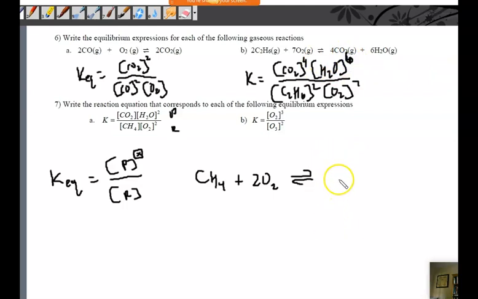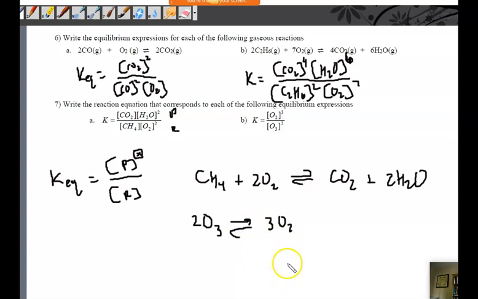And then, let's see, this would be CO2 plus 2 H2Os. All right. And then for the ozone one, you would have 2 O3s yield 3 O2s. Should be pretty straightforward. Make sense? Any questions?